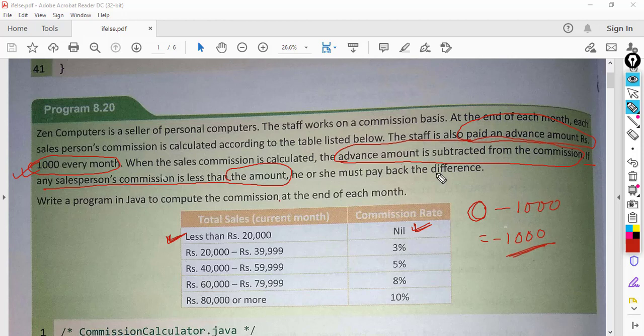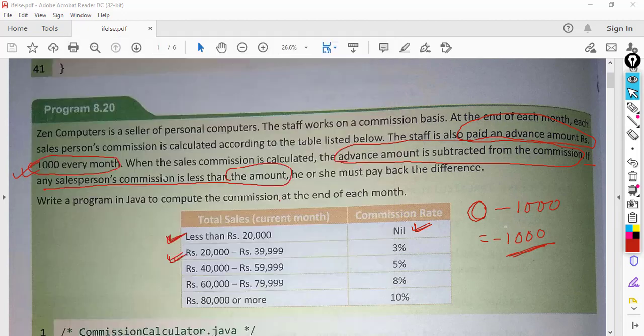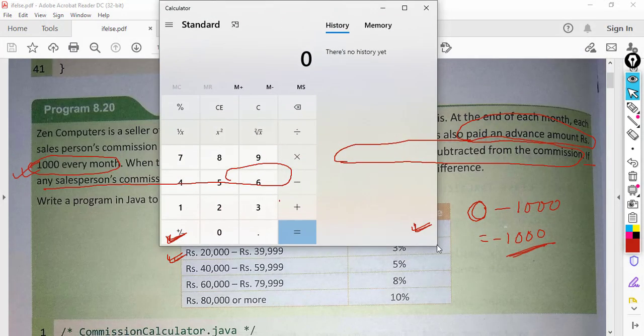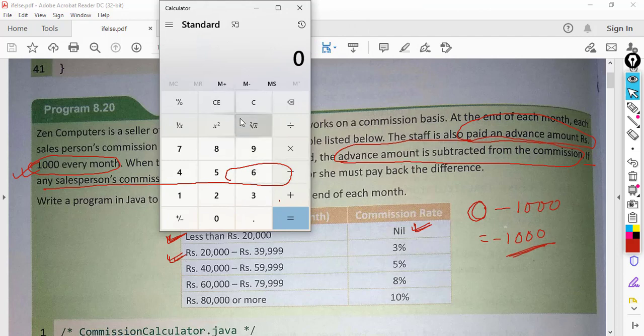Now let's say the sales is ₹25,000. So what will be the commission? Let's open the calculator here. So let's say 25,000 is the sales amount.